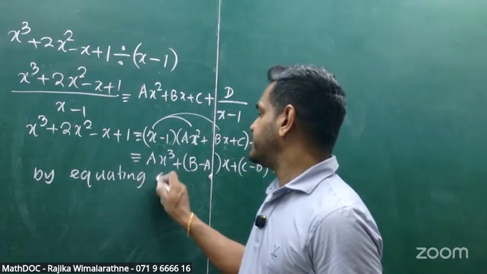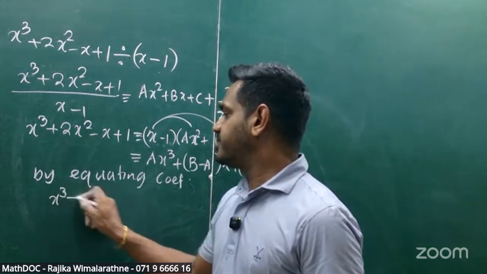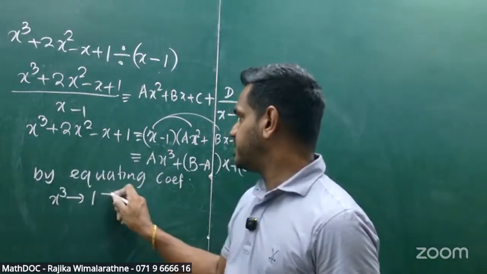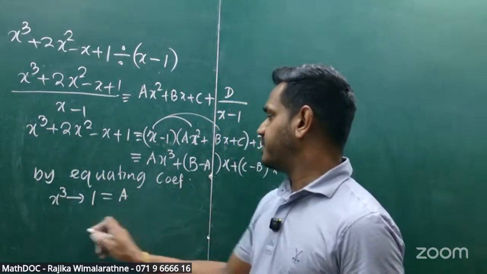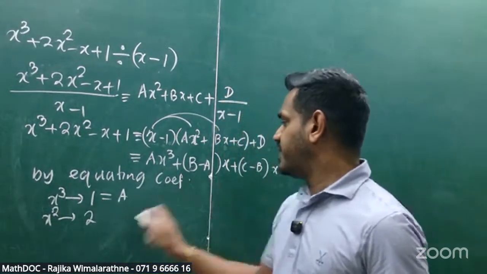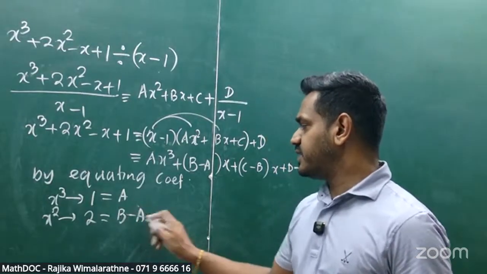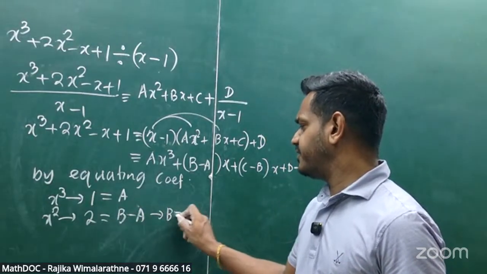By equating coefficients, you take the x cubed coefficient. Here this is 1, here a. X squared coefficient, here 2, here b minus a. Then a equals 1, put it here. Then b value is 3.